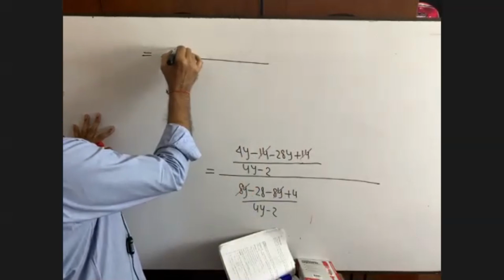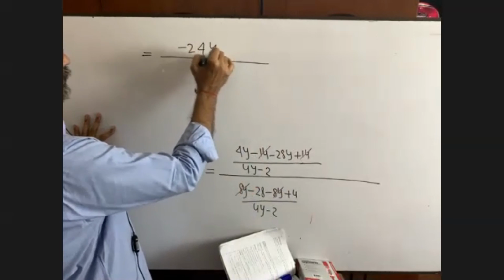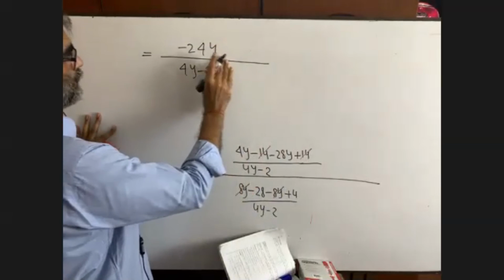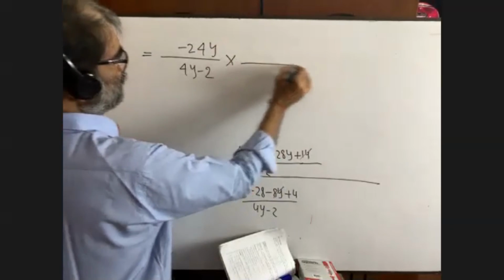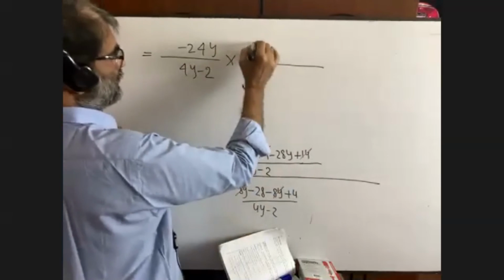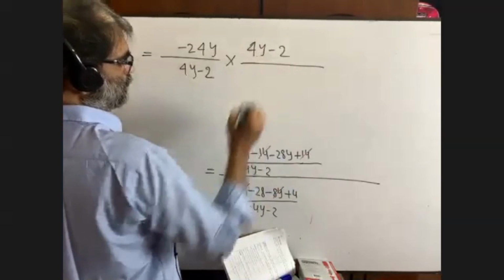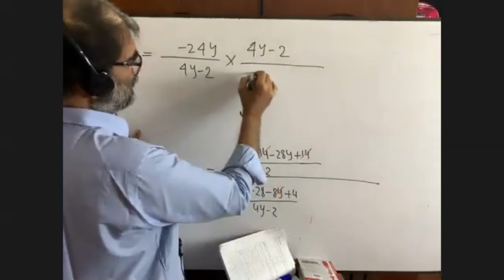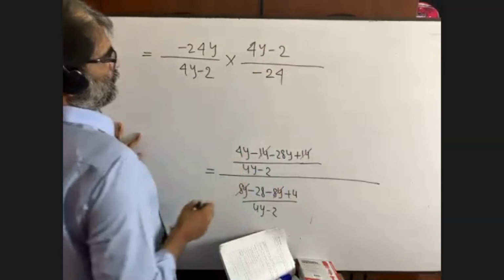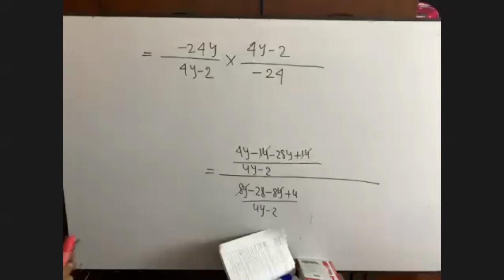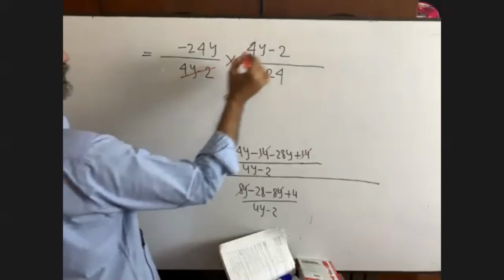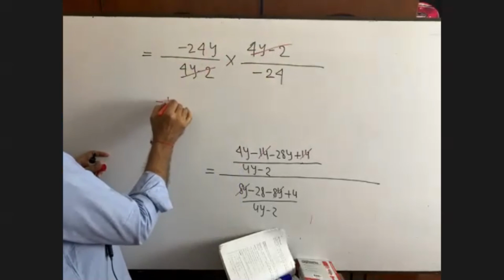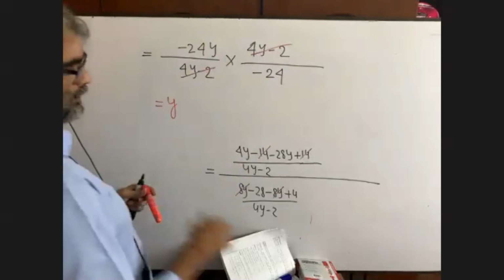Minus 24y by minus 2 into 4y, minus 28 plus 4, that is minus 24. Now you see this omitted, minus 24 omitted. So we are left with y only. Is it?